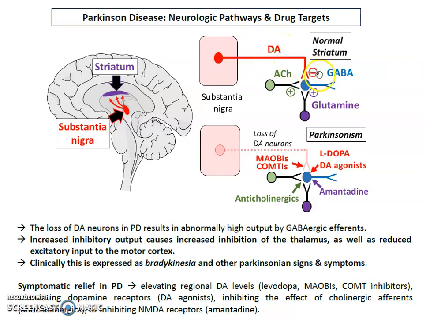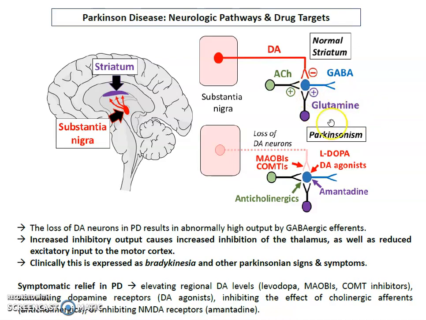Those dopaminergic neurons can either stimulate by dopamine D1 receptor or inhibit by dopamine D2 receptors. GABA is an inhibitory one, acetylcholine is an excitatory one, glutamate is an excitatory neuron.